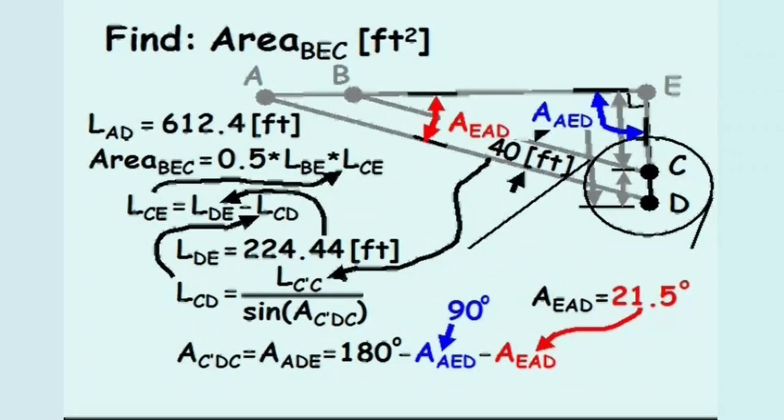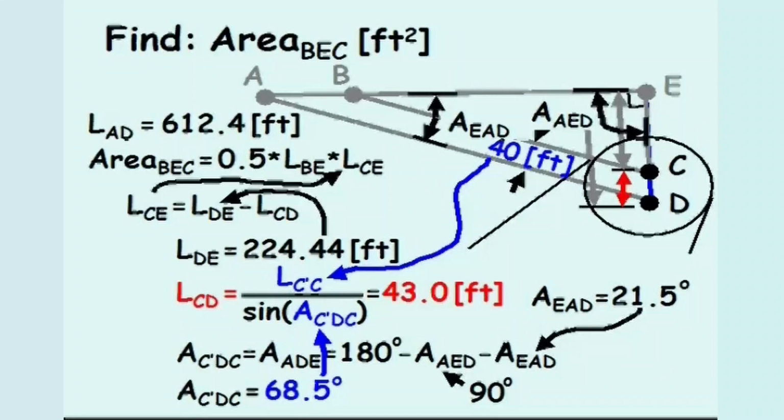This makes angle C prime DC equal to 68.5 degrees. Next, we'll divide the length of side C prime C by the sine of angle C prime DC, and the length of side CD equals 43.0 feet.